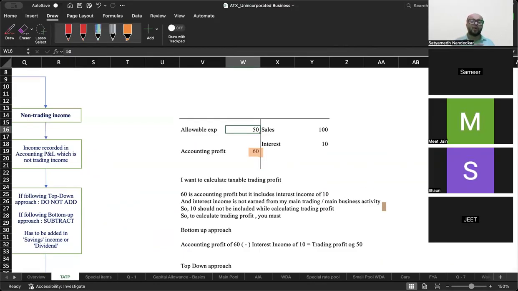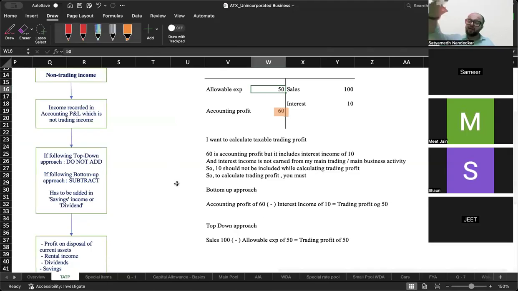Now, if we want to calculate the trading income, understand one thing, that while arriving at this accounting profit of 60, we have included the interest income of 10. But this interest income of 10 is not my trading income, it is my investment income. So subtract 10 here, and then in the interest income or investment income part, include this amount, savings income part, include this amount separately.